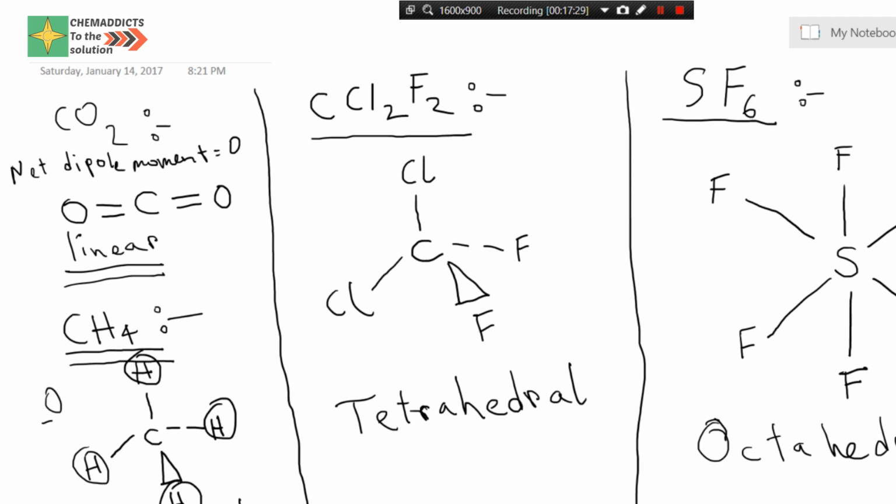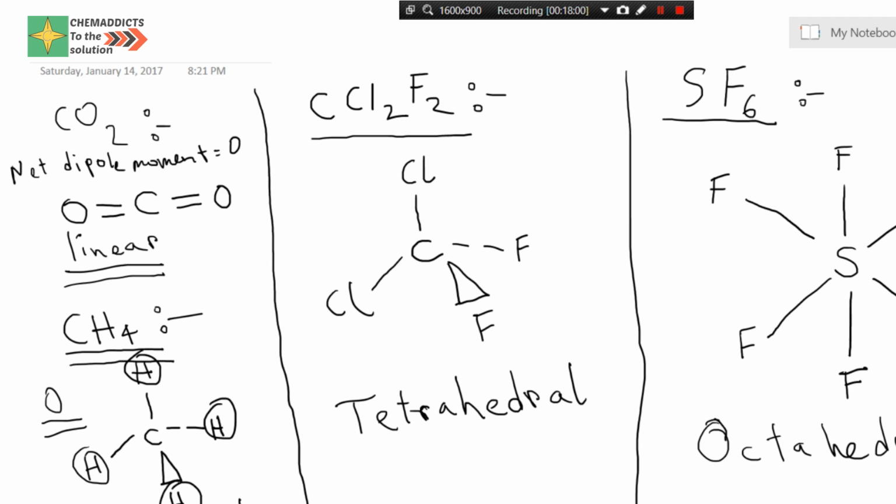Do I clear my point? I hope so. Generally in tetrahedral shape we get a net dipole moment of 0. Why? Because here carbon is attached to the same atoms, hydrogen.